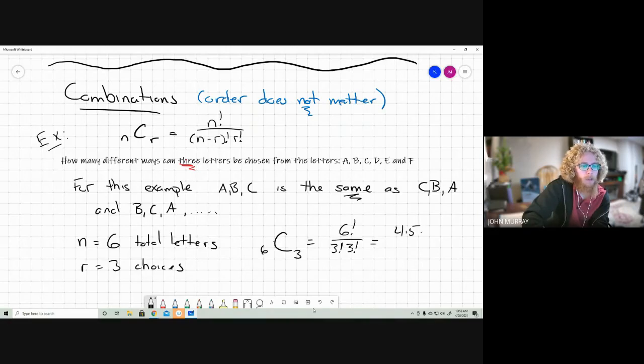So after we simplify, I can cancel out this 3 factorial with 1, 2, 3 from up here. So I have 4, 5, 6 over 1, 2, 3. And we can simplify here. I can get rid of this, make that a 2. I can get rid of this, make that a 2. So we have 20 different ways of choosing 3 letters from 6 letters.